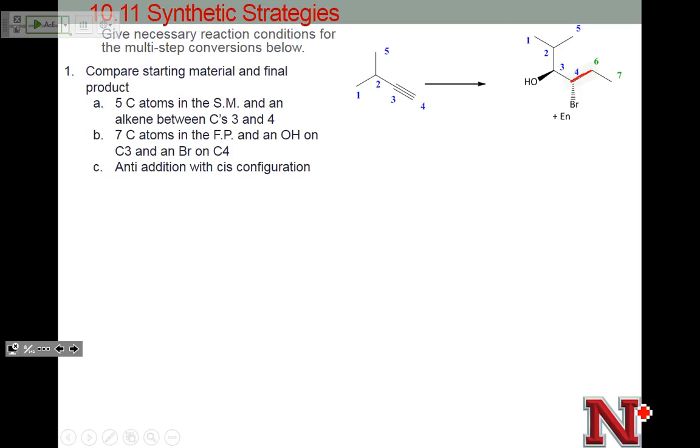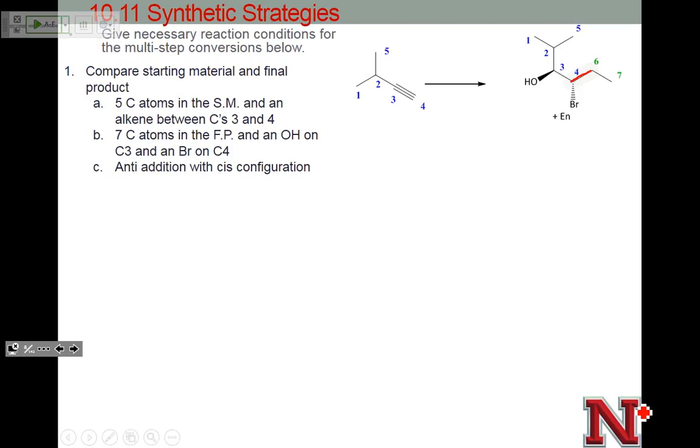So once we form this, we have our water present. It's going to attack. It has to attack on the backside because this is blocking it. If we started with a cis double bond, this is what our product would look like if I draw our carbons in exactly the same place.